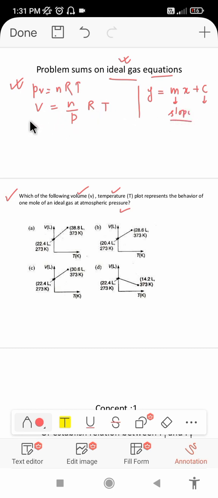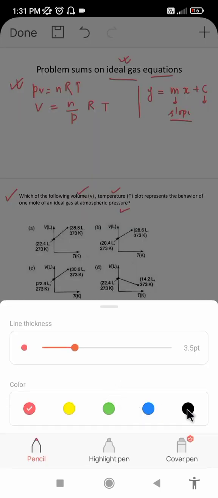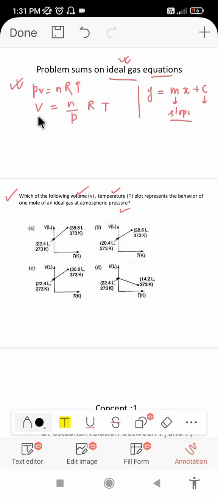So here, this one is y, and this one is my x.